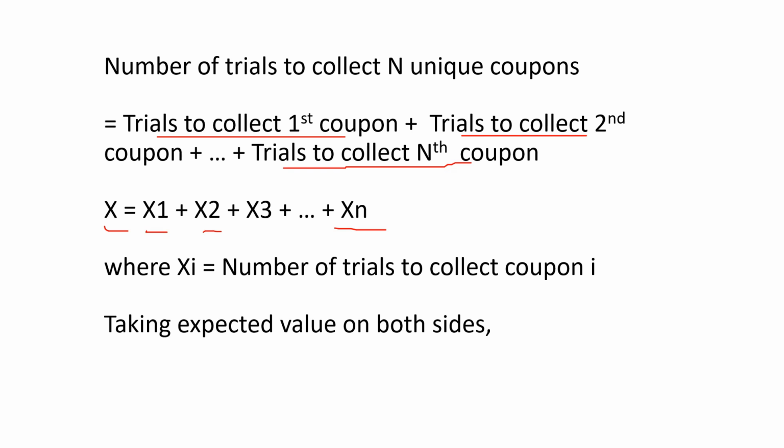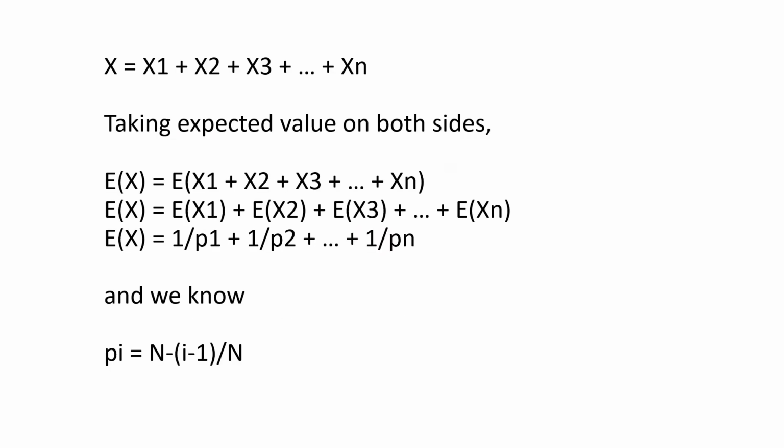So now we can take the expectation on both sides of this expression. Taking expected value on both sides of this equation, we have the expected value of x equal to the expected value of x1 plus the expected value of x2 up till the expected value of xn. And we know that the expected value of xi is equal to 1 over pi, as seen previously, where pi is the probability of success.